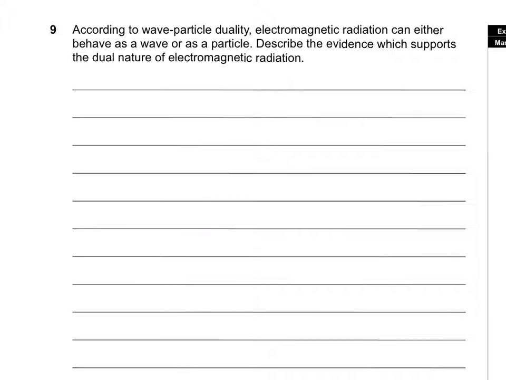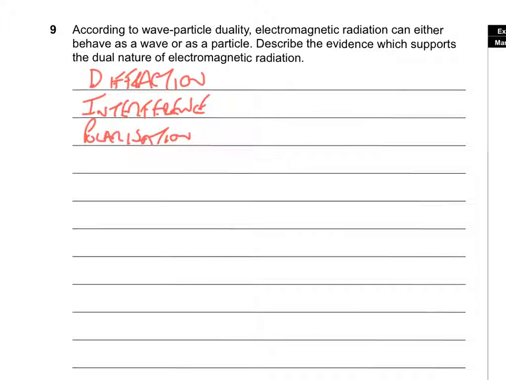Question 9. According to wave-particle duality, electromagnetic radiation can either behave as a wave or as a particle. Describe the evidence which supports the dual nature of electromagnetic radiation. So, things like diffraction, interference, polarization, these are all things that we observe for light.